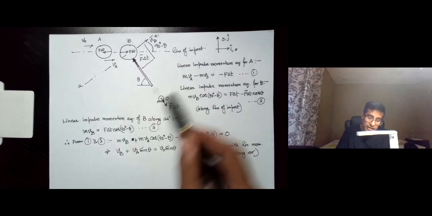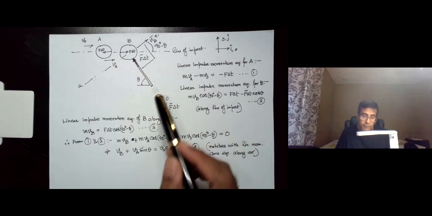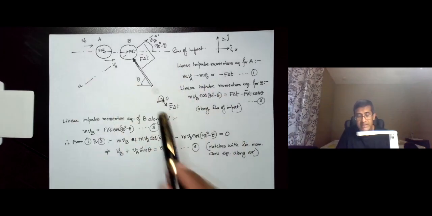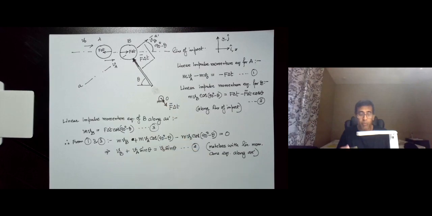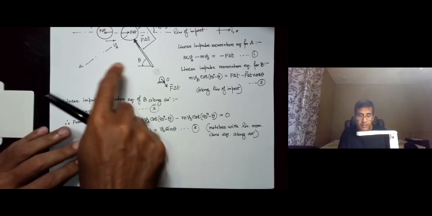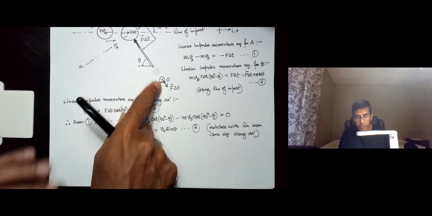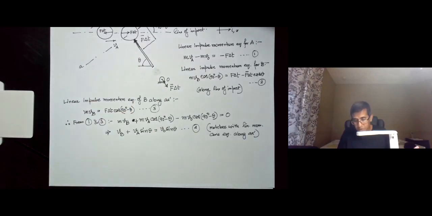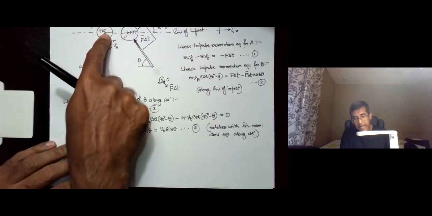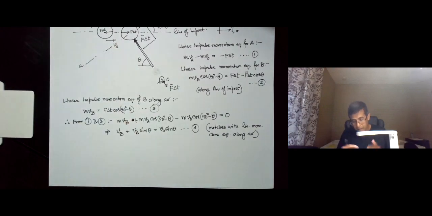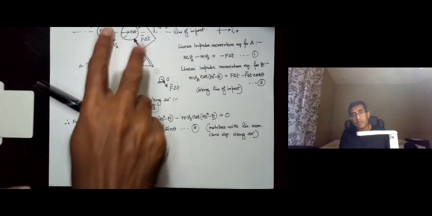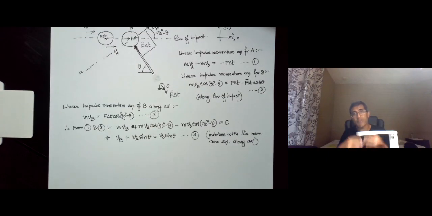So if we take the angular momentum of this system about the point O, we note that the angular momentum is conserved. As I said, it is because F bar delta t goes through O, so it produces no angular impulse, and the f delta t forces are producing angular impulses, but they're equal and opposite, so they cancel for the overall system.